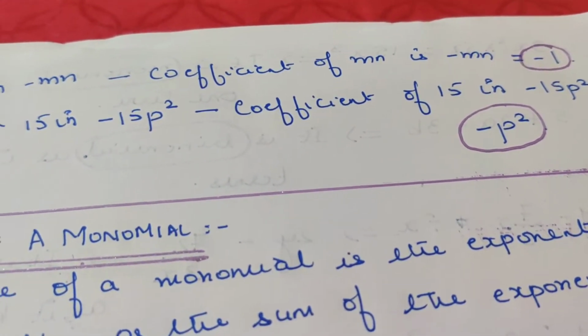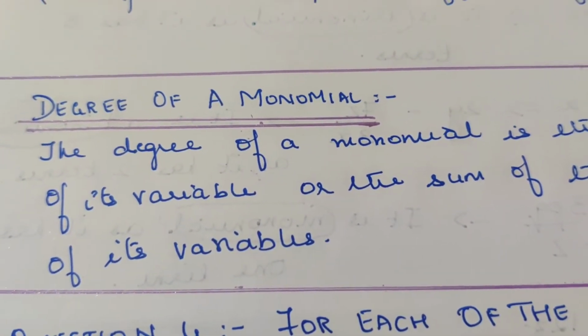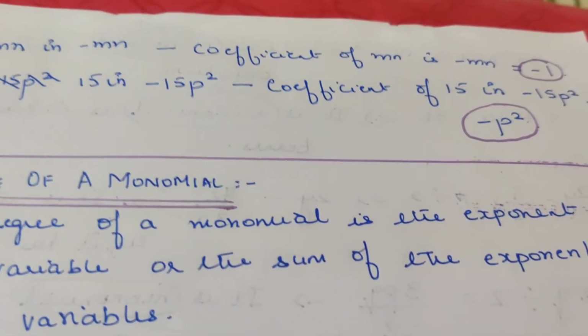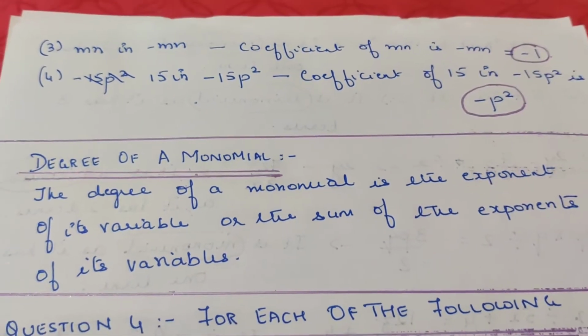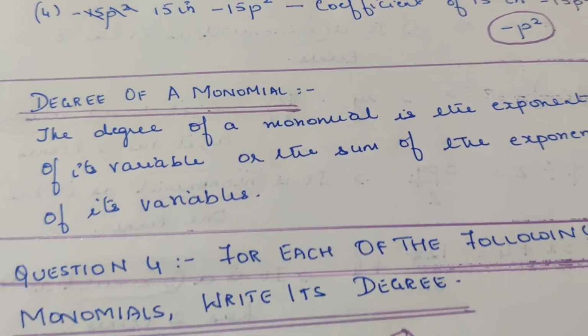Clear, is it? Yes. Now, degree of the monomial. The degree of the monomial is the exponent of its variable or the sum of the exponents of its variables. When we do the sums, you will understand.